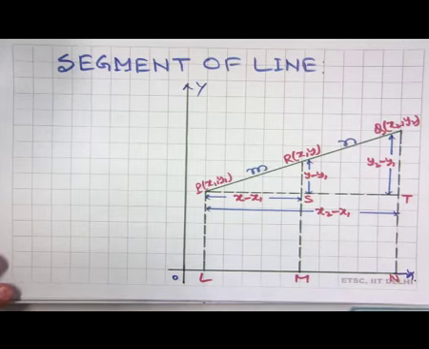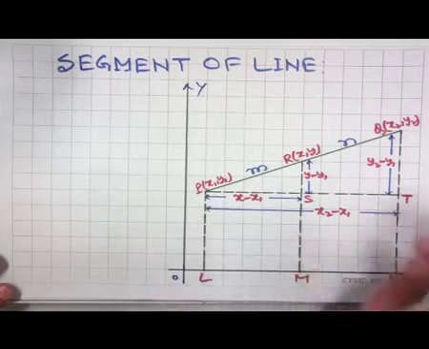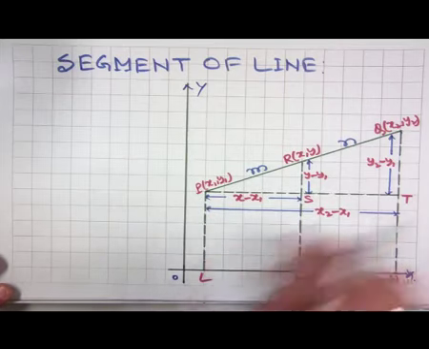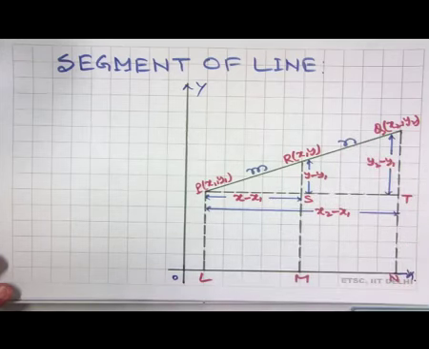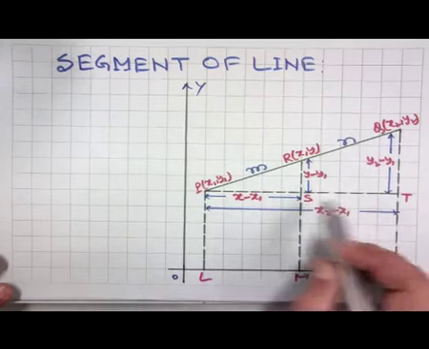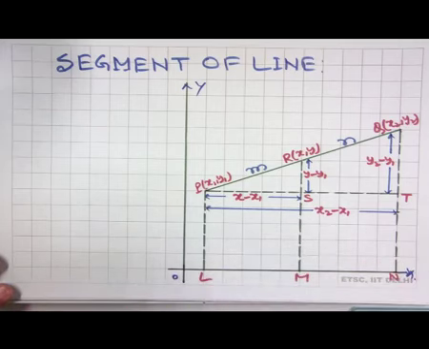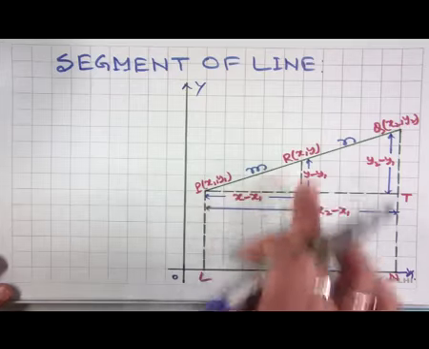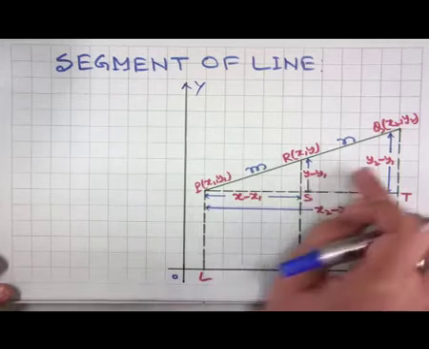Now again draw a perpendicular, say PT, which is perpendicular on both RM and QN, intersecting at S and T. Now we have two triangles, that is PRS and PQT, and these two triangles are similar.